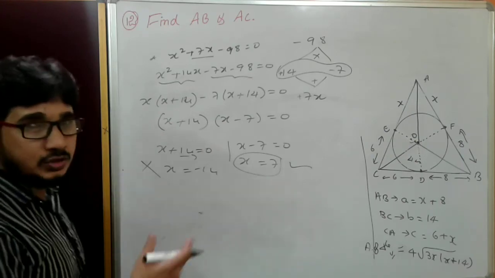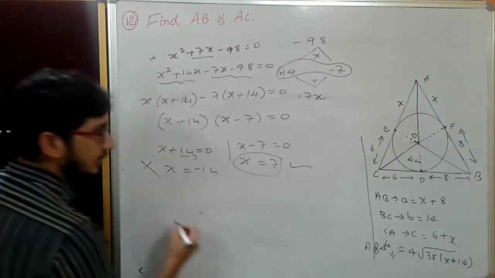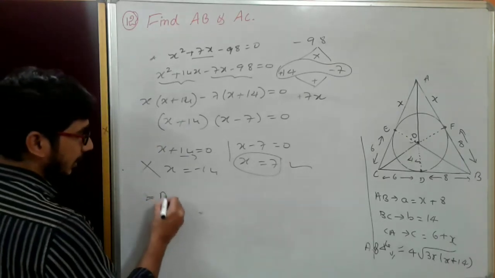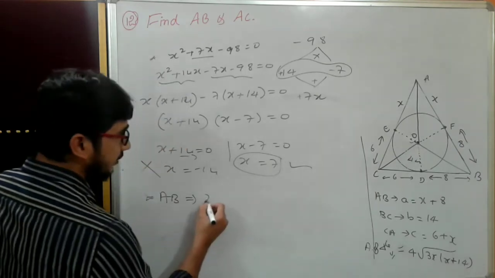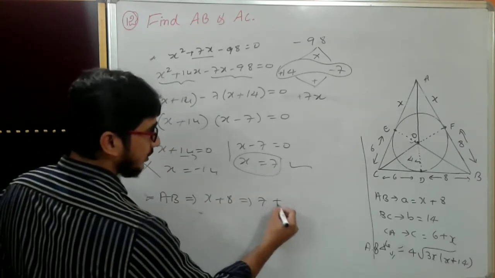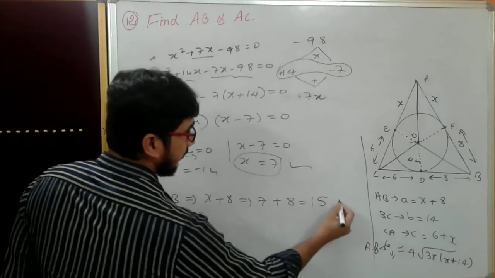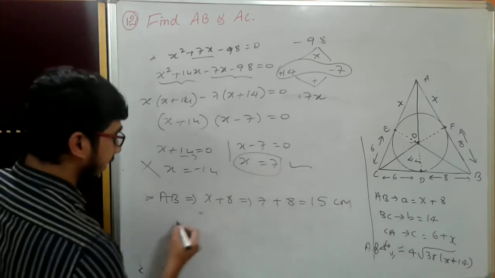Therefore, this is the happiest moment for you now. We have to find the lengths AC and AB. AB is nothing but x plus 8. x is 7, so 7 plus 8, which is equal to 15 centimeter. Next, we have to find AC.